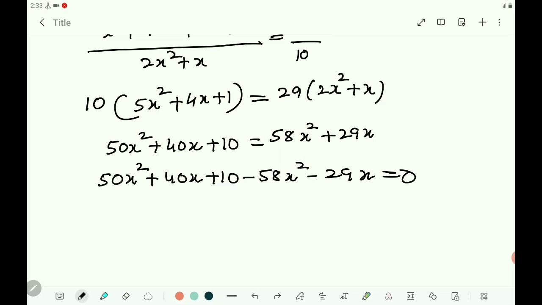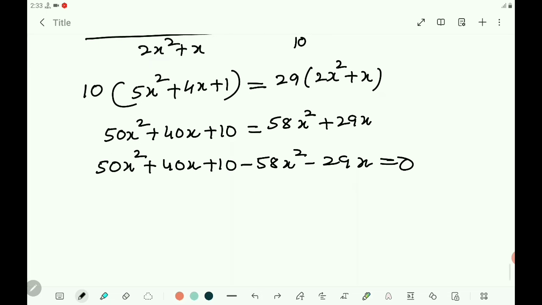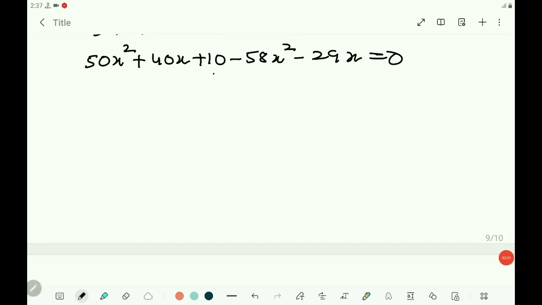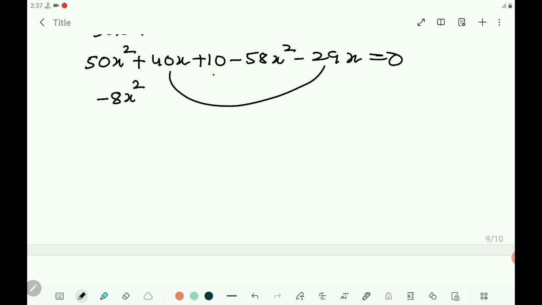Transfer this to the LHS, it will get the negative sign. 50x square minus 58x square: 58 minus 50 is 8, but the greater number has the negative sign, so it is minus 8x square. 40x minus 29x is plus 11x, and plus 10 equals 0.